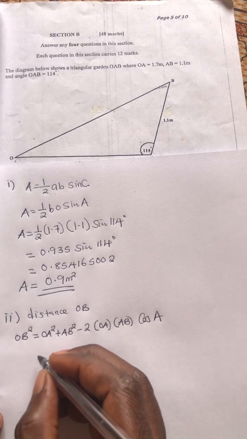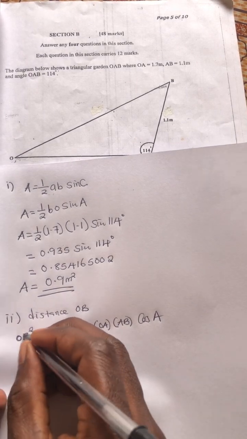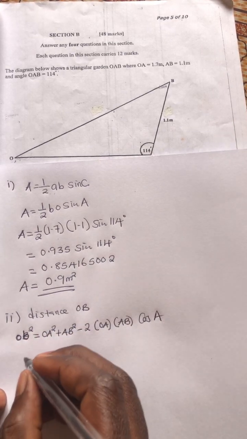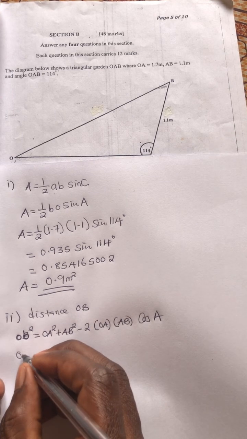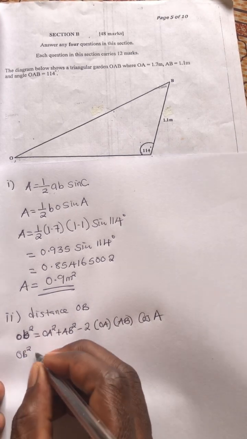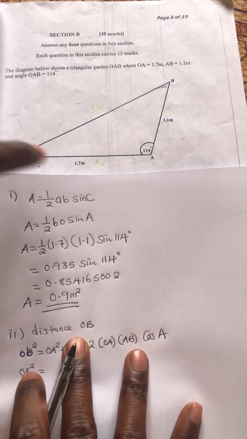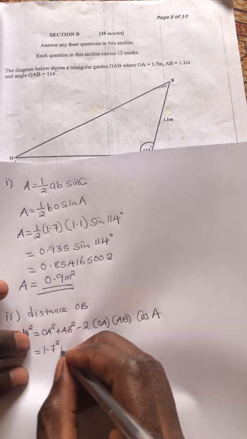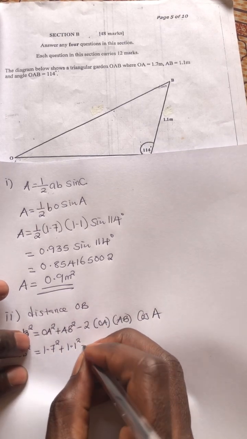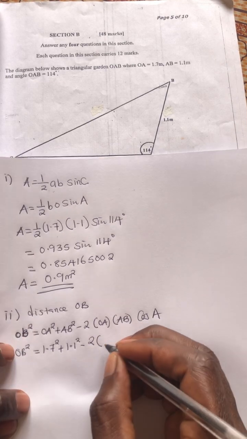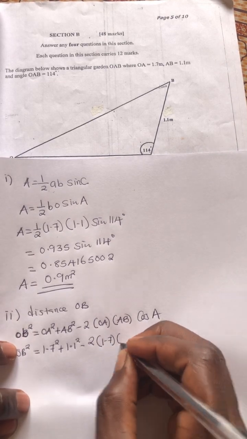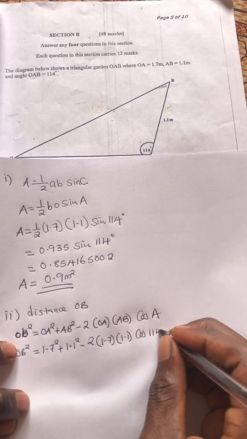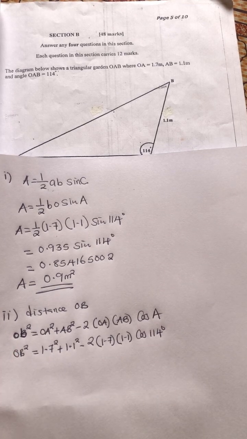This can be OB in small letters if we want, and the capital letters all represent the same thing. So OB squared is equal to 1.7 squared plus 1.1 squared minus 2, OA is 1.7, AB is 1.1, then cos 114 degrees in that order.